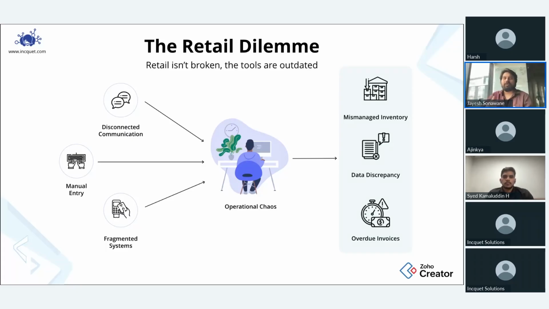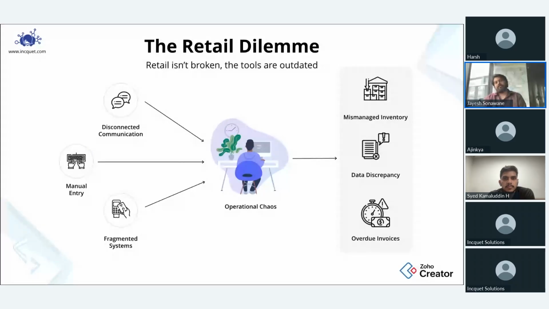If they are not using proper infrastructure, they might have to use manual entry to log their sales and purchases, which overall leads to operational chaos: mismanaged inventory, data duplication, data discrepancy, and missed deadlines to pay your vendors or receive payments from your customers.